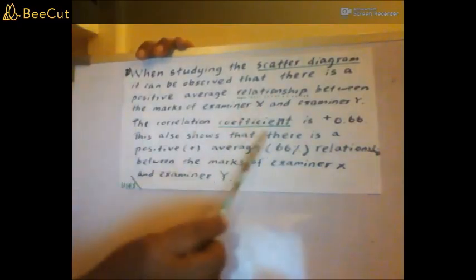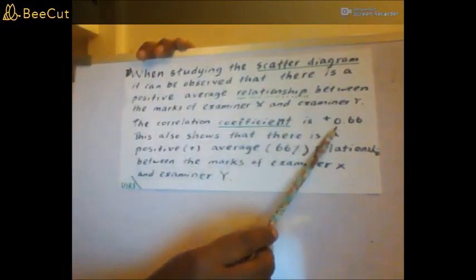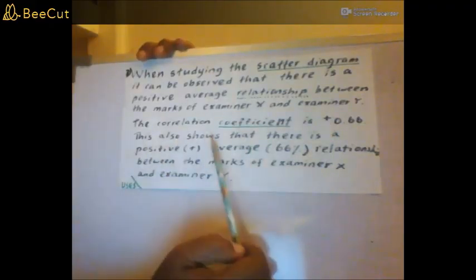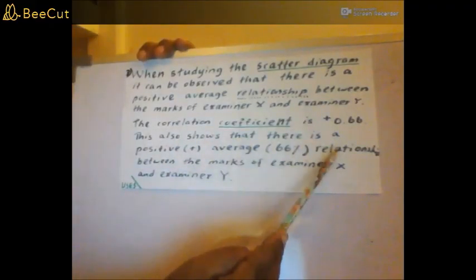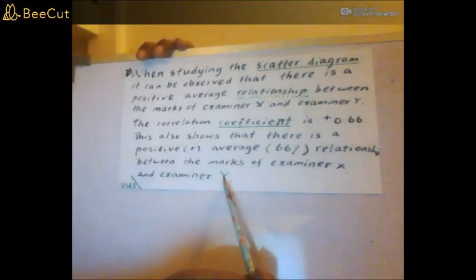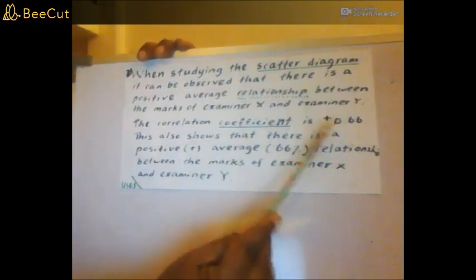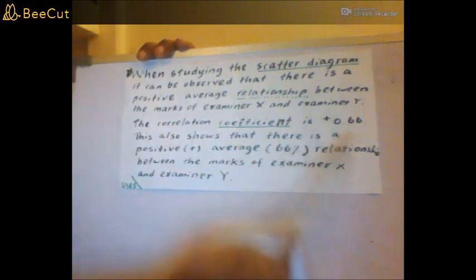So here also you can say the correlation coefficient is plus 0.66. This also shows that there is a positive average reliability between the marks of examiner X and examiner Y, right? So you'll have to pay attention to the sign and the strength, the direction and the strength.